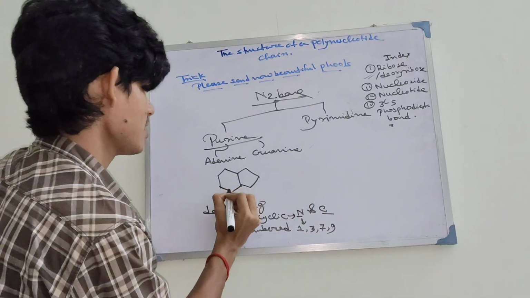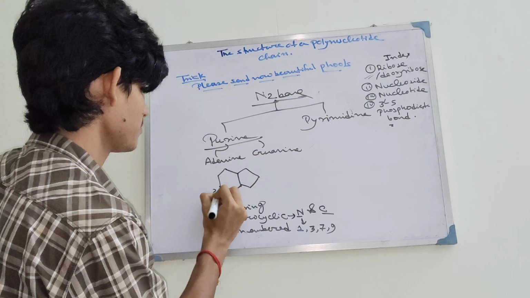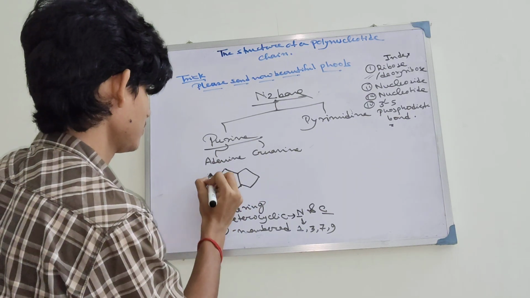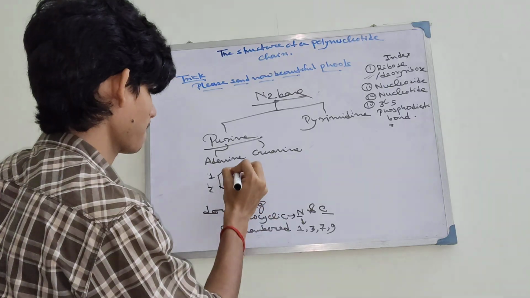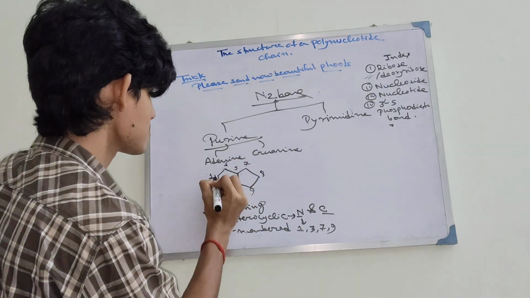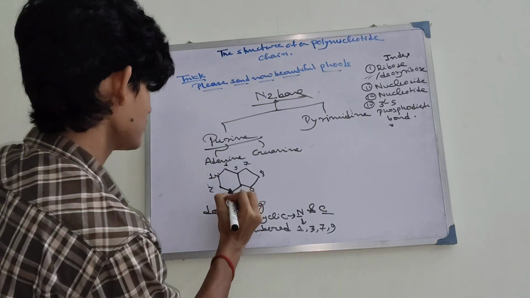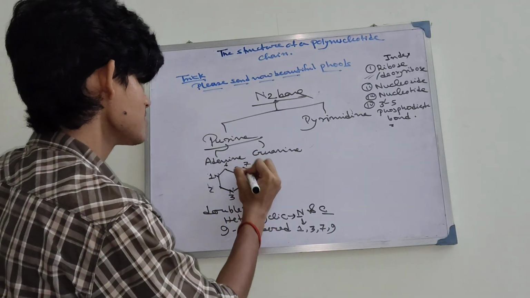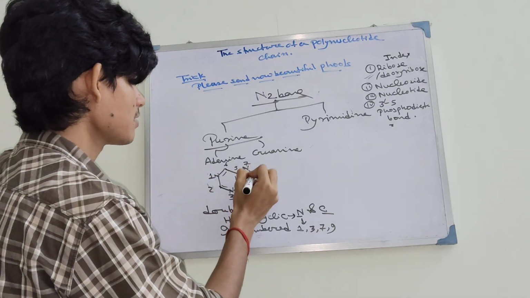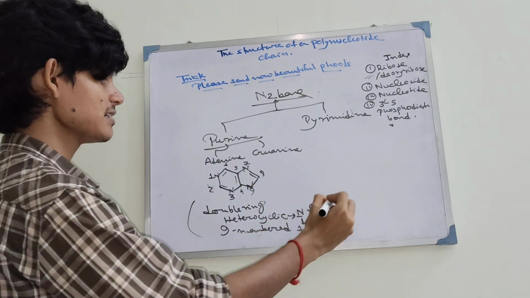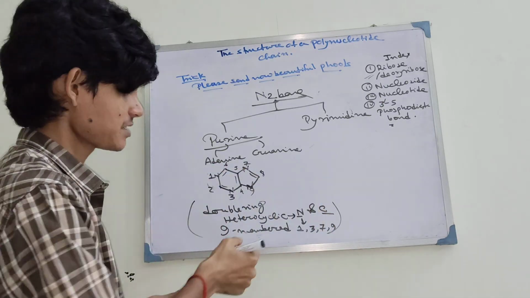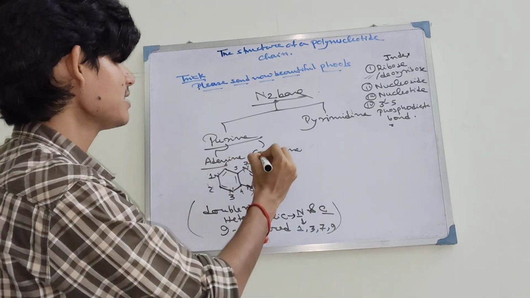So let's give numbers and put nitrogen at 1, 3, 7 and 9. So this is the structure of purine: double ring, heterocyclic, nitrogen and carbon present, 9-membered ring, adenine and guanine.